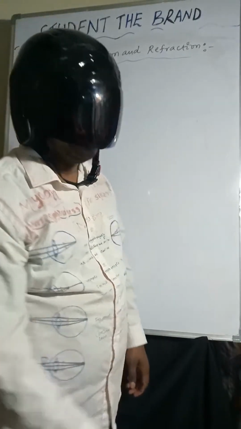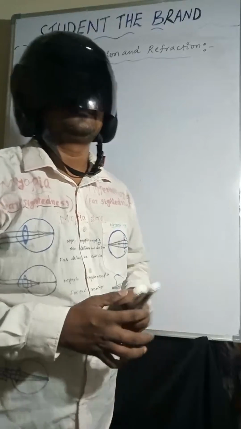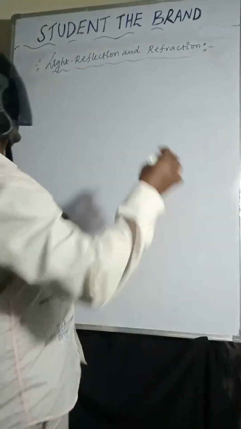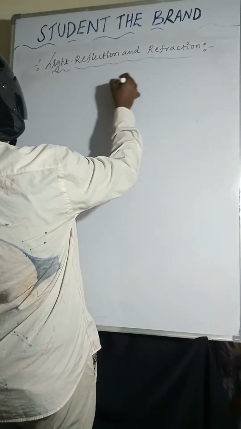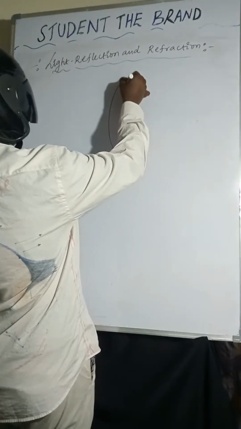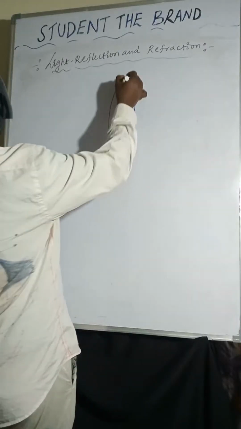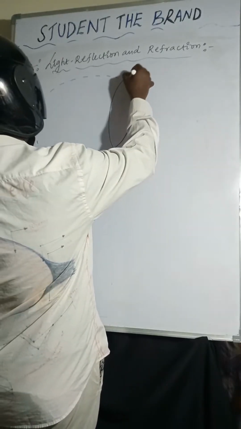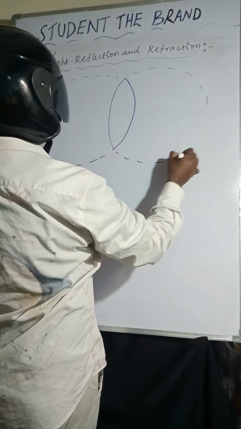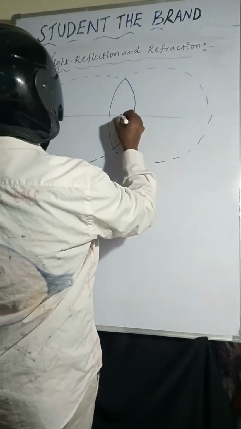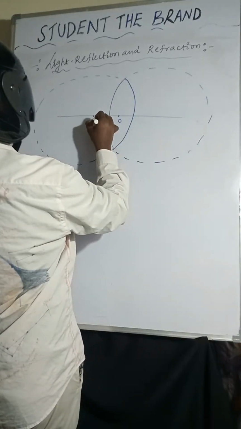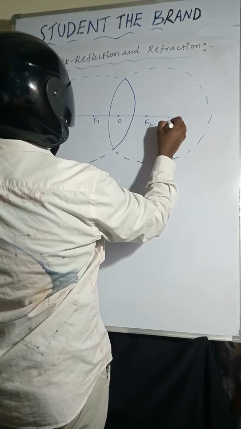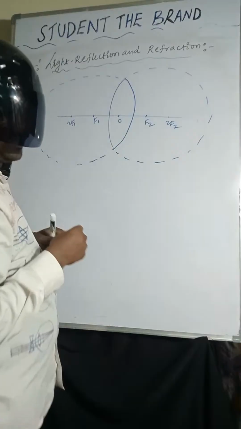Okay, so now lens. The ray rules of lens. You take a convex lens, and here this is a concave lens. Optic center, F1, 2F1, F2, 2F2. So this is a convex lens.